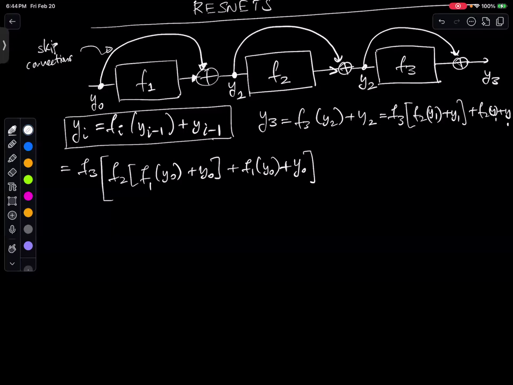This is closing the big bracket, plus I have an F2 of Y1 over here, so I have an F2 of F1 of Y0 plus Y0, plus F1 of Y0 plus Y0.